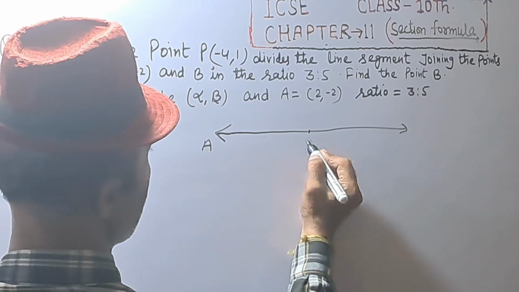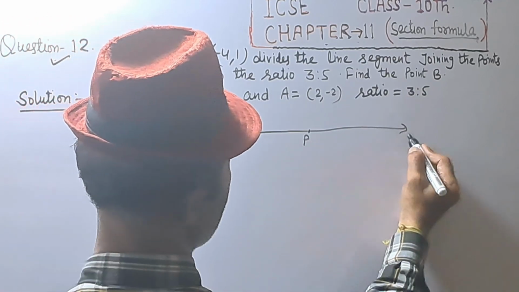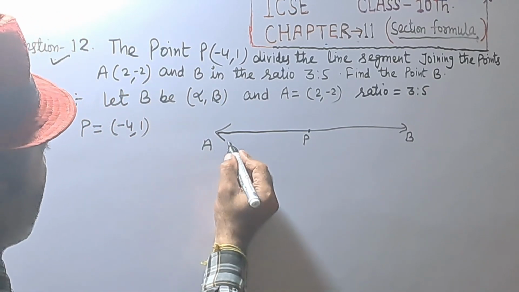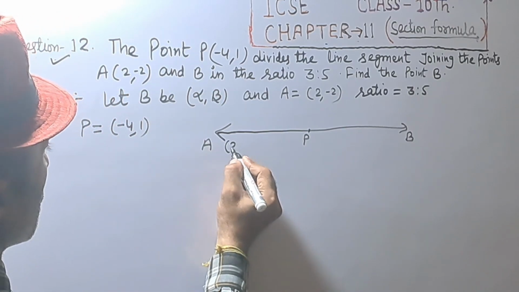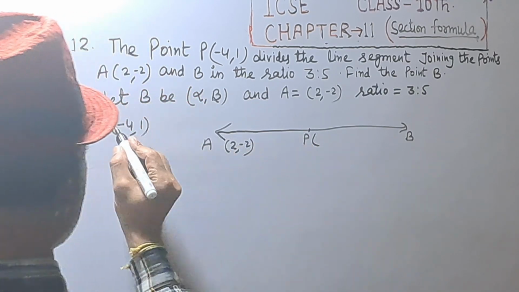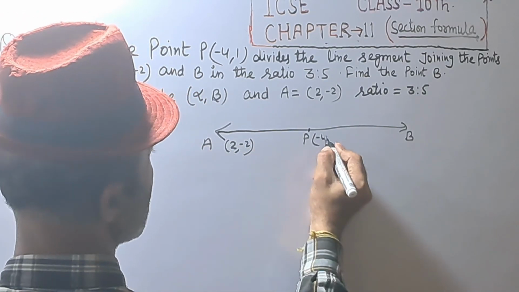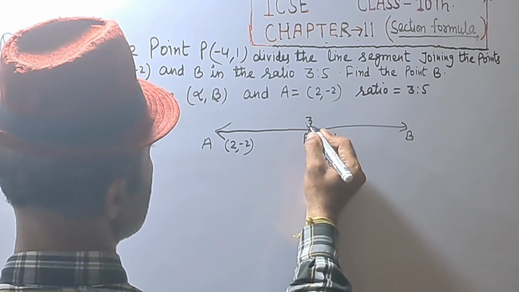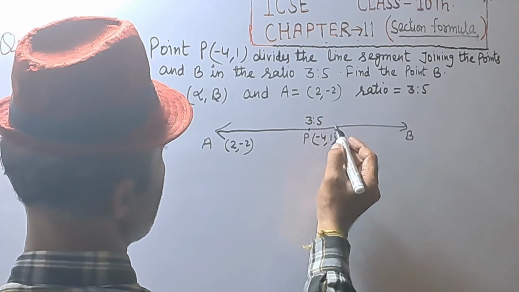A point is here, that is (2, -2), and P point is given, that is (-4, 1), and the ratio is 3:5.